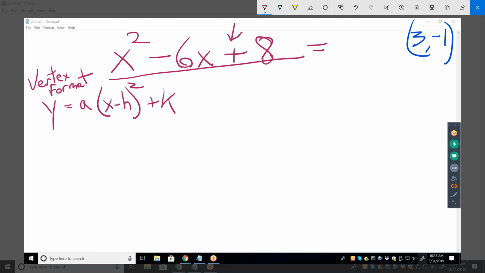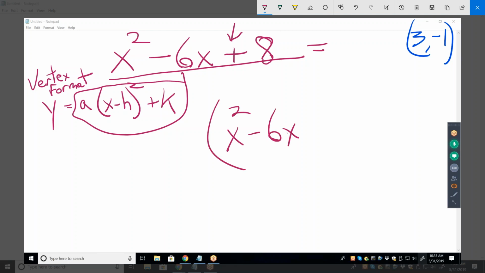Well, let's complete the square, and I'll show you how to do it. First thing you do is you leave everything on one side. Notice that all of that's on one side. And you separate out the terms that have x in them, like this. And you leave enough room to complete the square. Have I changed anything? No. Now let's complete the square inside the parentheses.